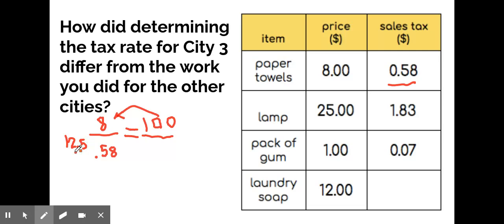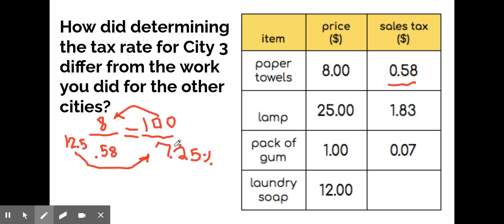And then we're going to take 12.5 and multiply it by 0.58, and you should get 7.25.